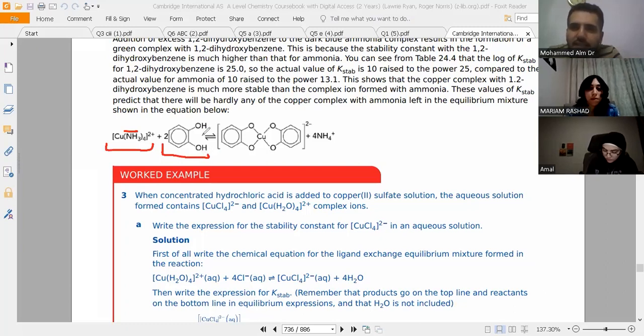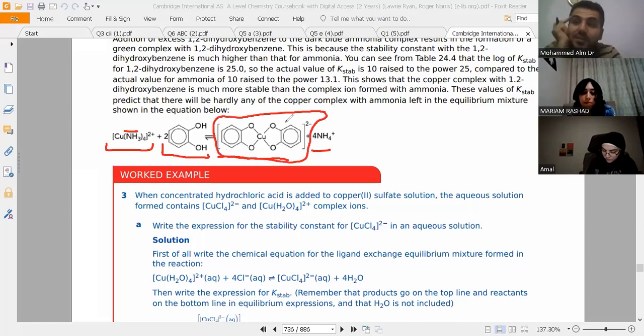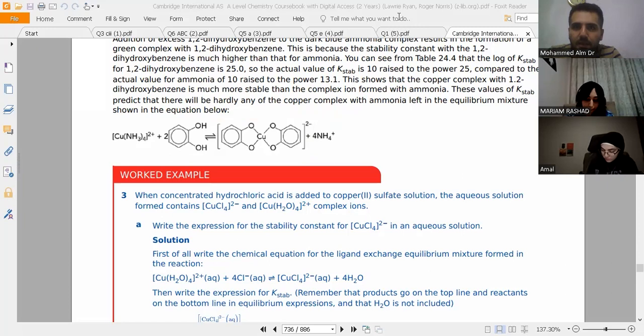What will happen is we have a ligand substitution reaction. Why? Because the complex that we made here is more stable. Okay? Guys, look, now you don't need to read the book. You don't have to see anything. Now you can start solving any paper.